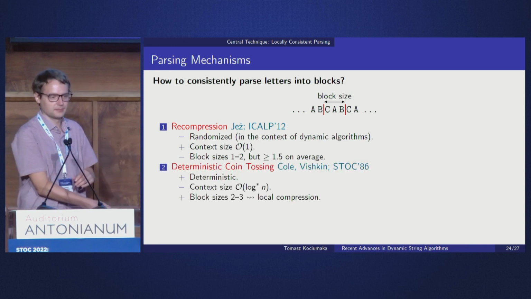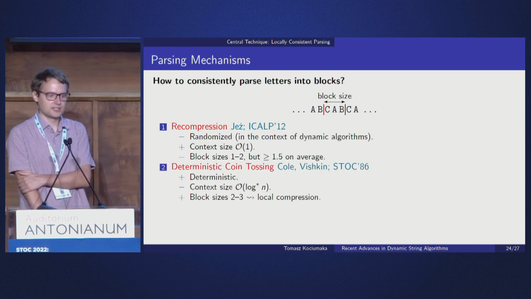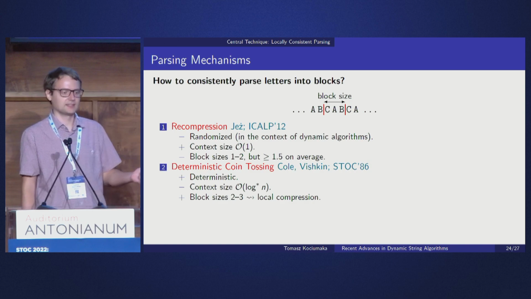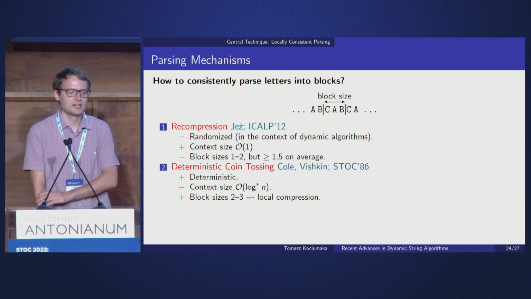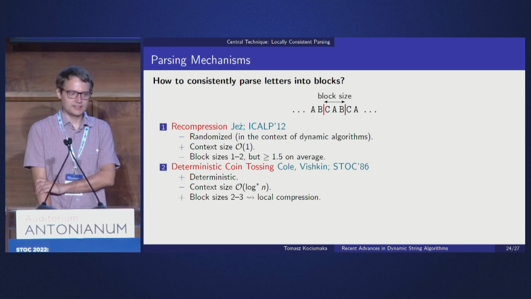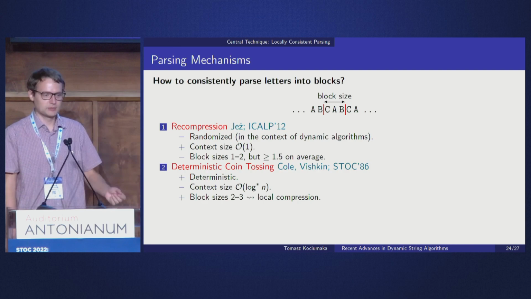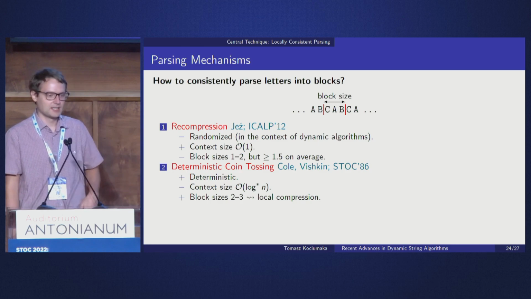Another mechanism originates from some techniques in distributed algorithms, namely, for example, in finding an independent set in a list, and that is deterministic coin tossing. And here the context size is log star n, and this log star n needs to be paid in some polynomial exponents, or sometimes once, sometimes multiple times in the running times of dynamic algorithms.